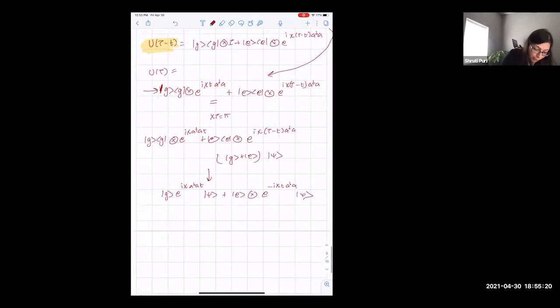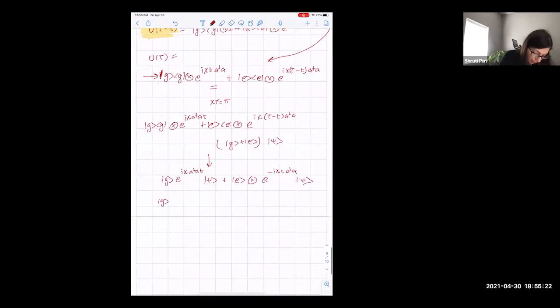So now if you measure the qubit in G plus E, then the state of the cavity is not psi anymore. The state of the cavity is going to be cos(χt a†a) applied to psi.